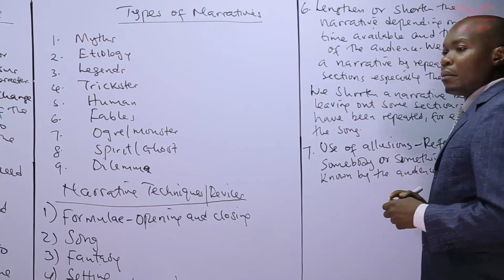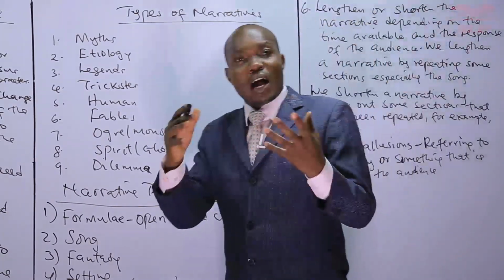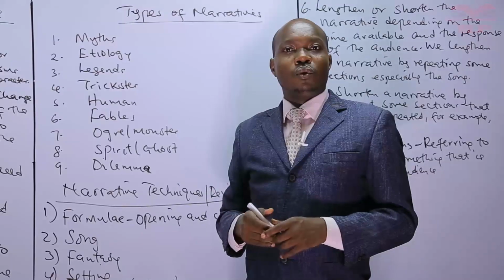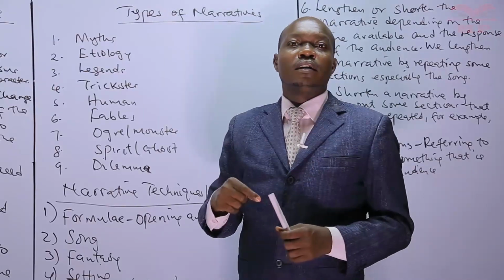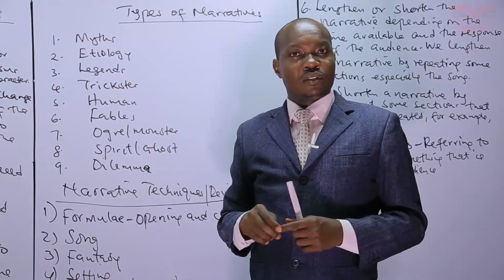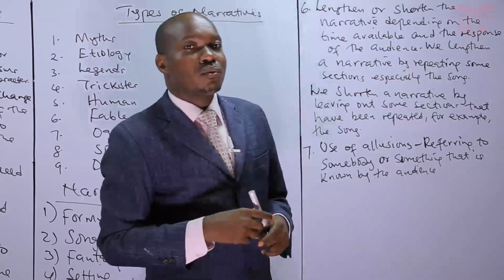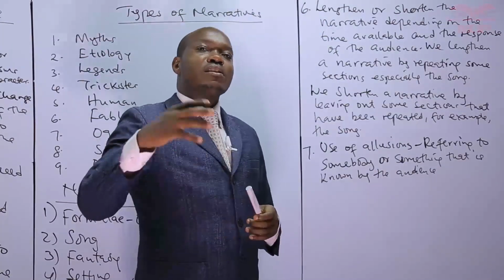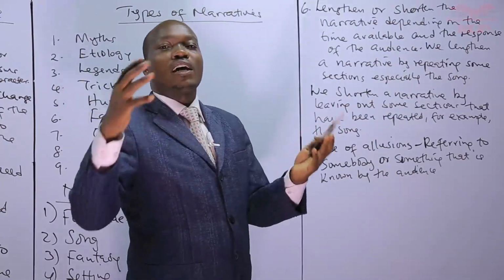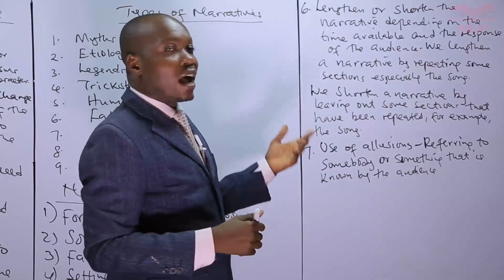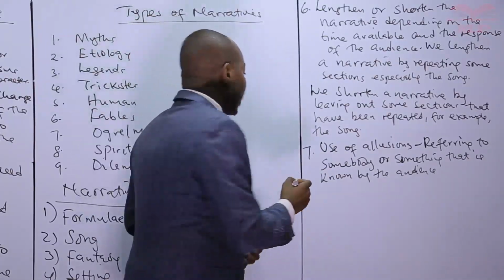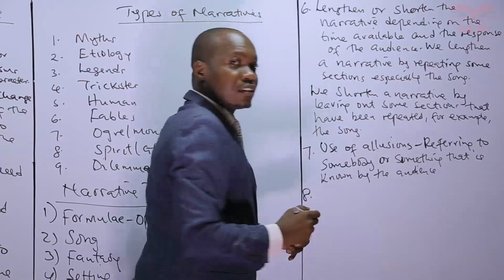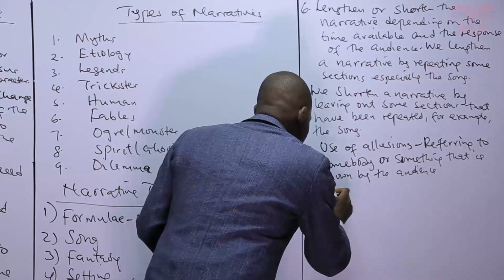The narrator might refer to a person who may be in that audience, might want to give an example using someone whom the audience actually knows. We call that allusion.